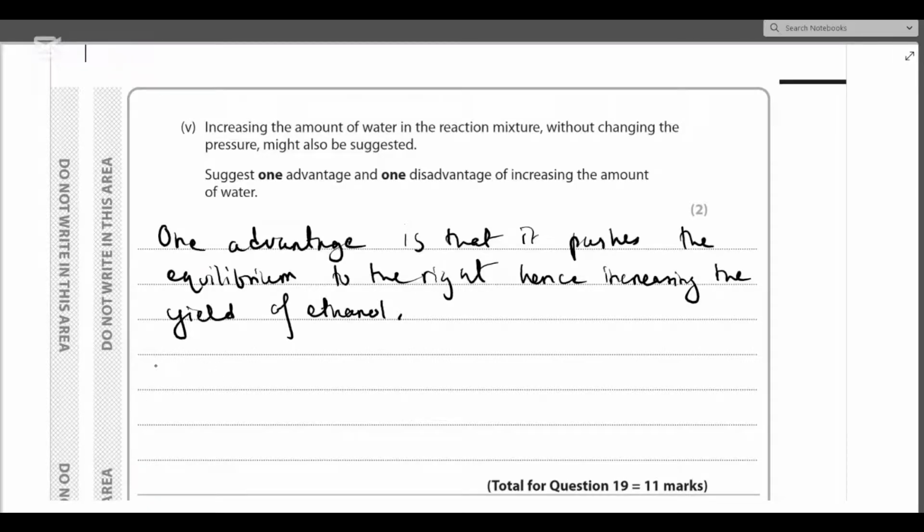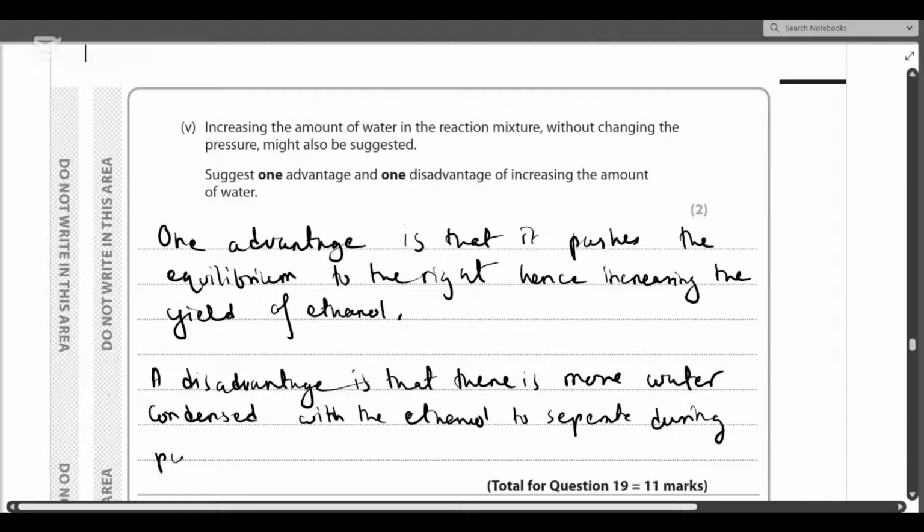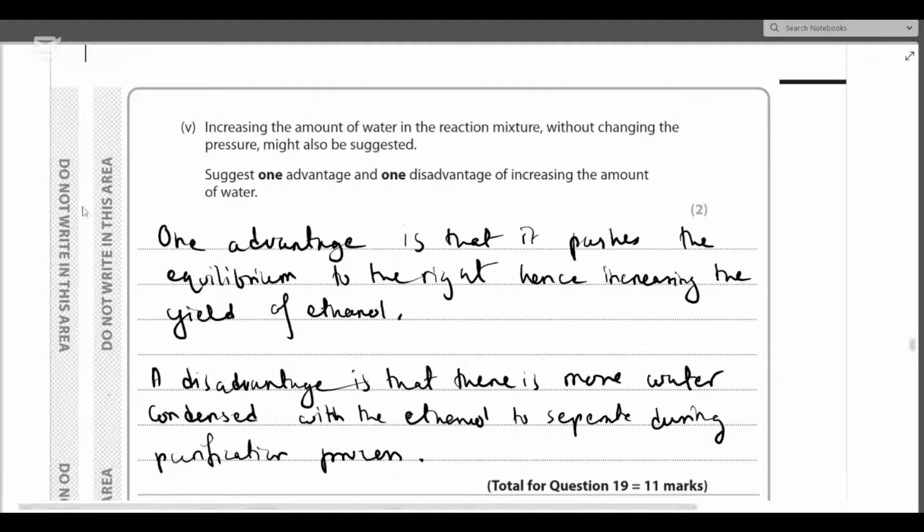So we can write the disadvantage is that there is more water condensed with the ethanol to separate during the purification process.